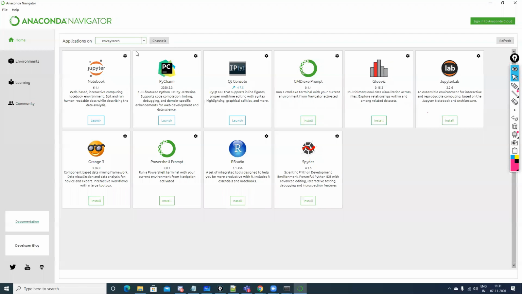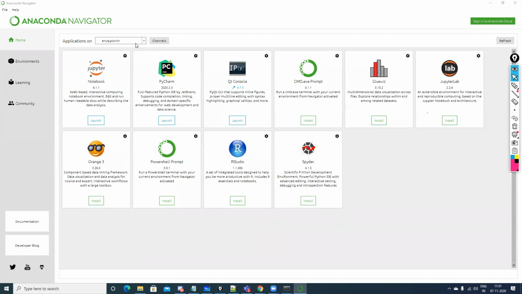One person has a question: are these environments or virtual environments? See guys, when I specifically say virtual environment, suppose in my Windows machine I want to keep a Linux VirtualBox, I can call that a virtual environment. I can also consider this a virtual environment because I'm creating a completely different setup for this specific project.